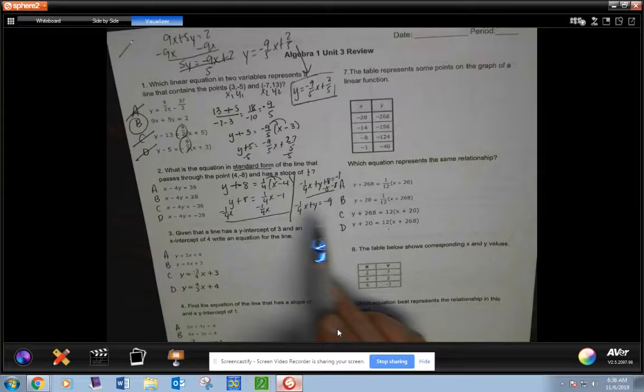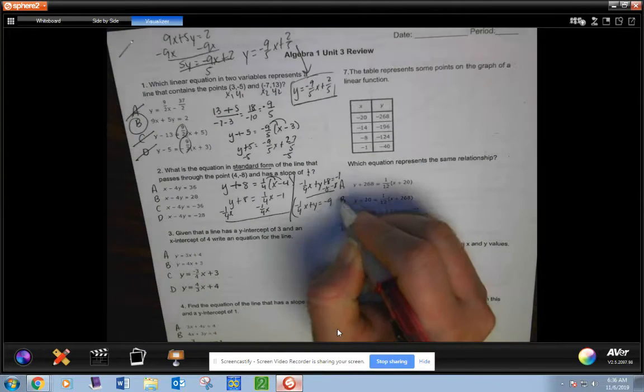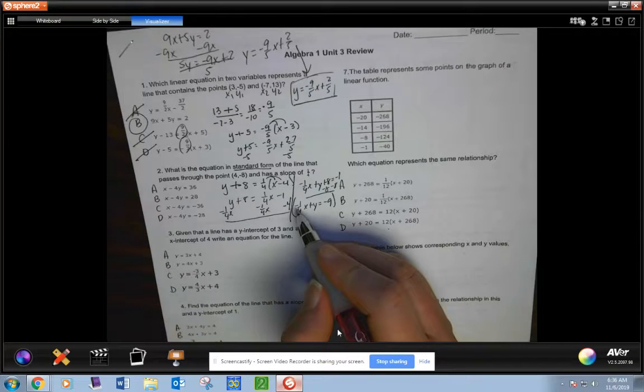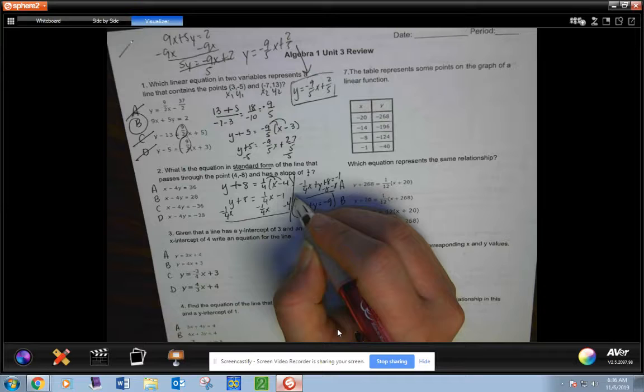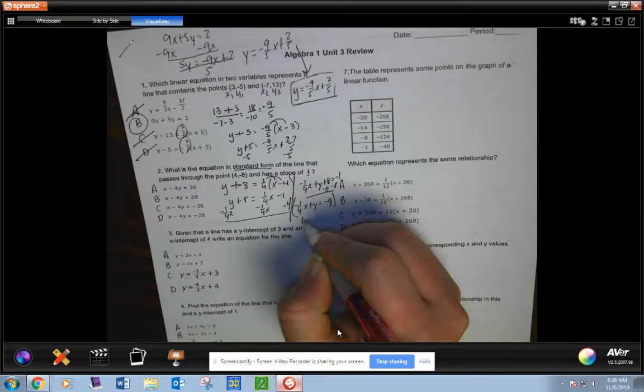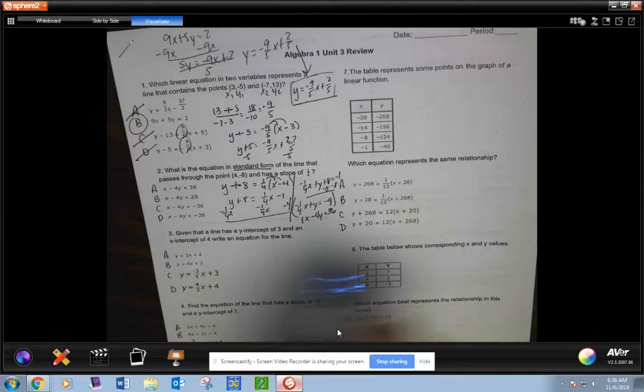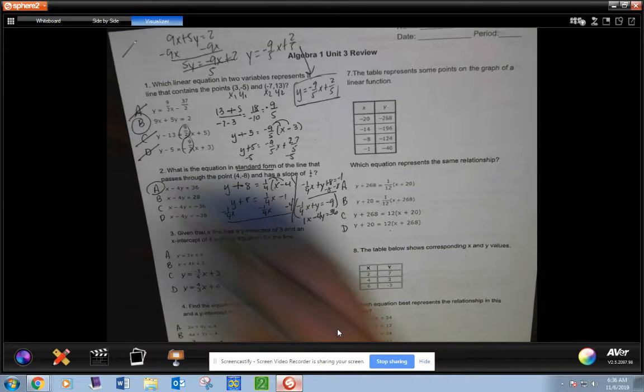And now, just to get rid of the fraction, since it's a negative, we're going to multiply everything by -4. We multiply by the denominator, and if it's negative, by a negative. That becomes 1x minus 4y equals 36. So x minus 4y equals 36. A is my answer.